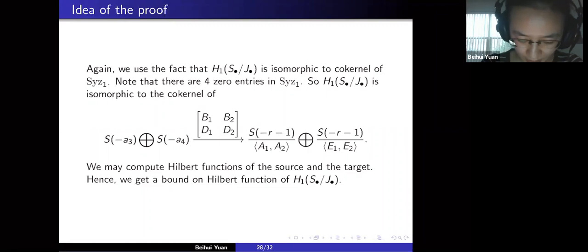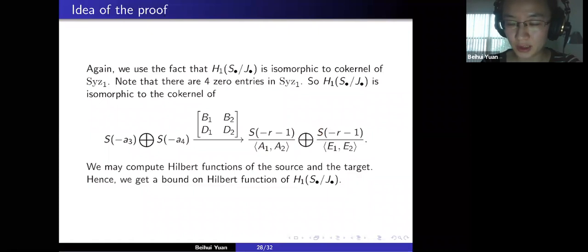Now, if we know the smoothness r, we know how to compute these 2 numbers. And also, because A1, A2 here, if we choose the right coordinates, can be written in only 2 variables, again we know how to compute the Hilbert function of this guy, and also of this guy.